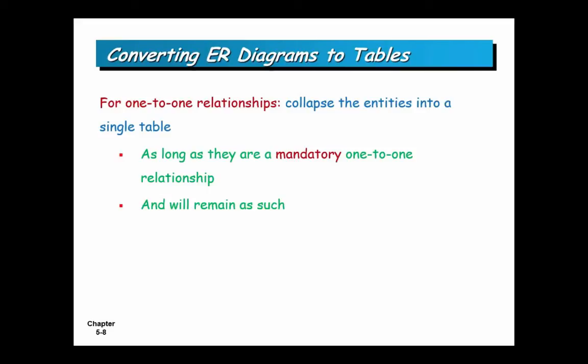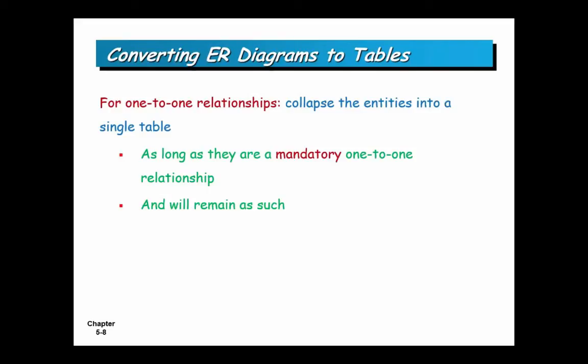Here's what you do. Let's say you have 2 tables, and they have a one-to-one relationship. It is okay, in fact, your textbook tells you to, I disagree a little bit, but it's okay to combine them into a single table if it is truly a mandatory one-to-one: every time this happens, that happens. Every single time.